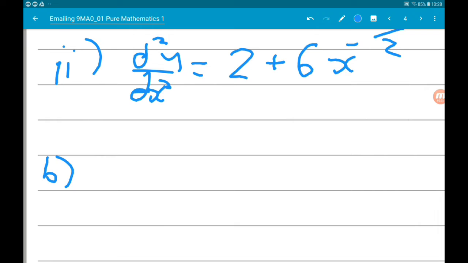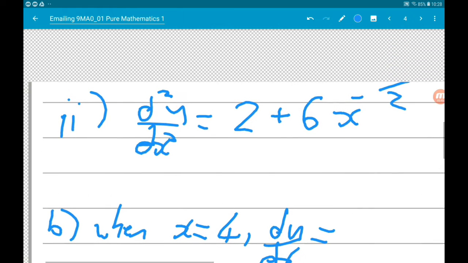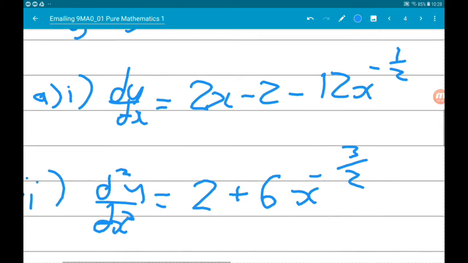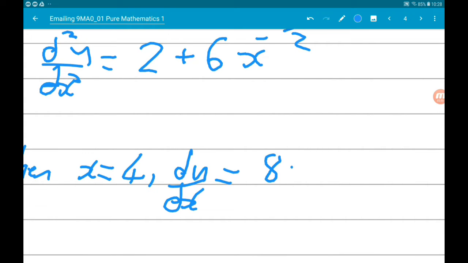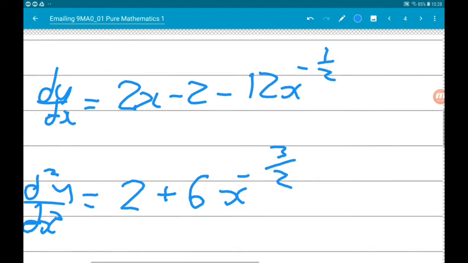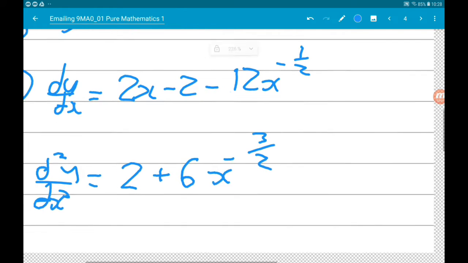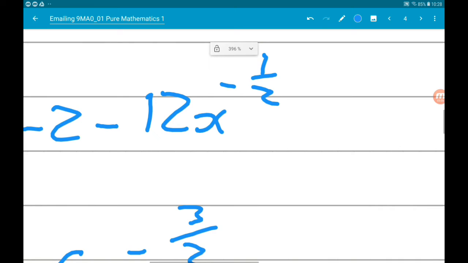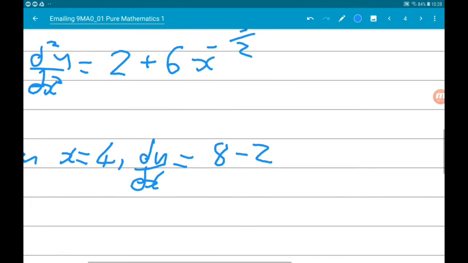So let's see what happens when x is 4. dy by dx is equal to 2 times 4, which is 8. So we get 8 minus 2 minus 12 over root 4, because x to the minus 1 half means 1 over root x.